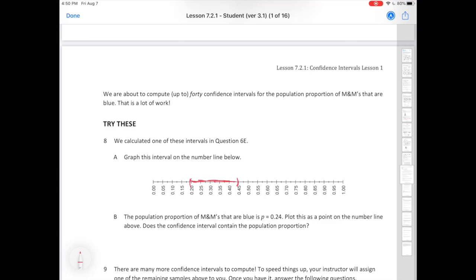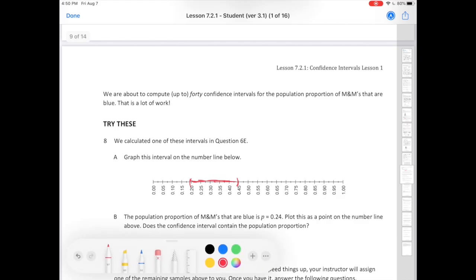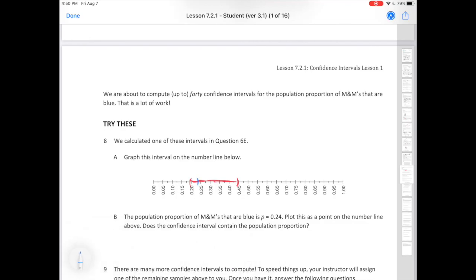The population proportion of M&Ms that are blue is actually 0.24. Let's plot this as a point on the number line. Does the confidence interval contain the population proportion? Well, let's go ahead and put the real answer. Remember, the real answer is 0.24. The real answer is right here. So is it inside? The answer is yes.